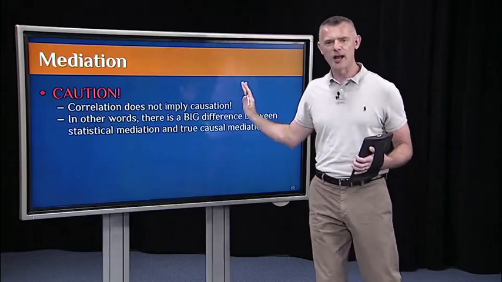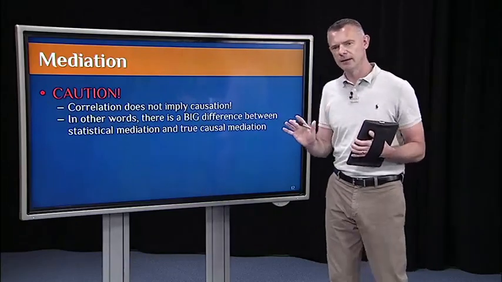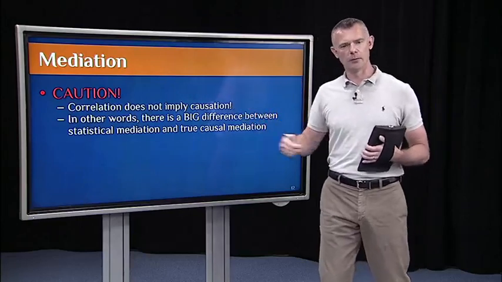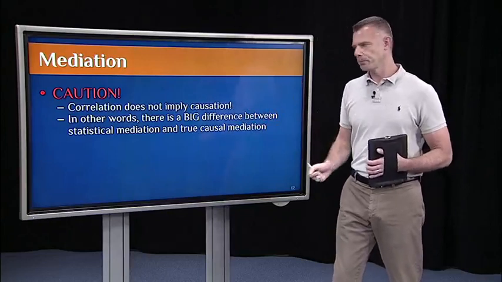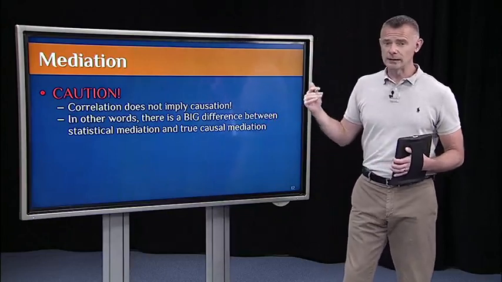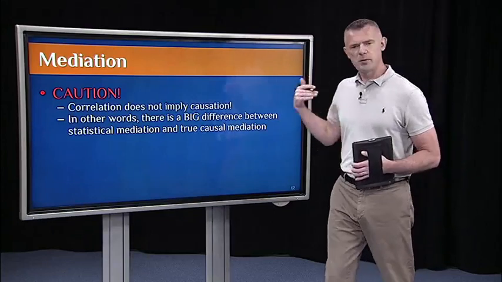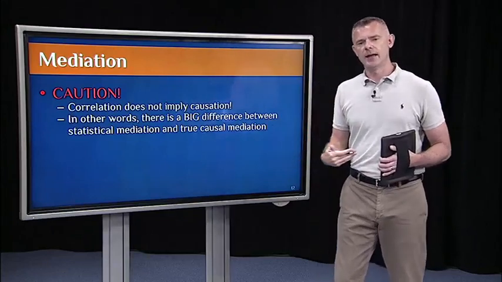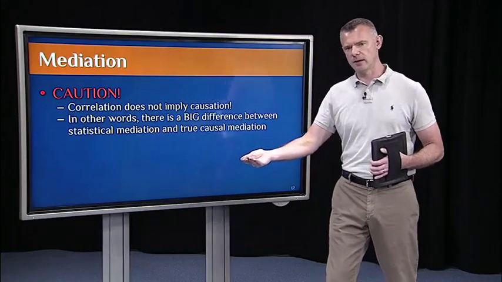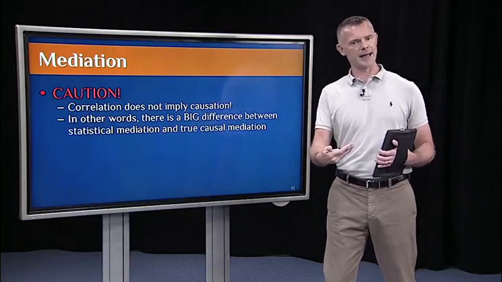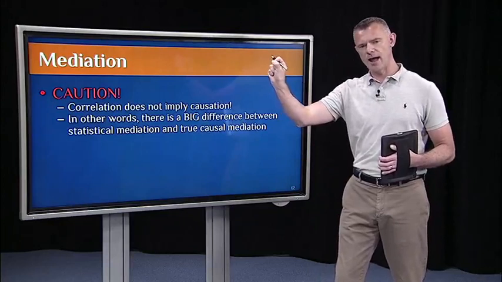Just again, a final caution: if you're dealing with purely correlational data, and in the example I'm showing you, we're not, right? We're doing a real experiment. We're manipulating stereotype threat. Mediation is used a lot, particularly in psychology, with purely correlational data, and people start to slip and think that they're getting stronger claims about causality simply because they've developed a sort of chain reaction of events.